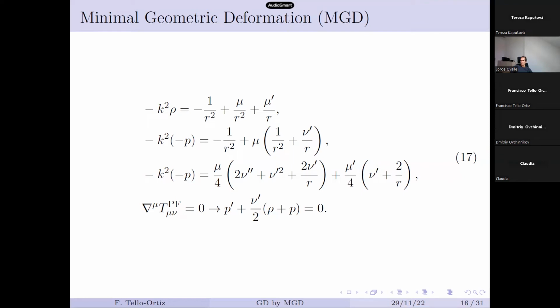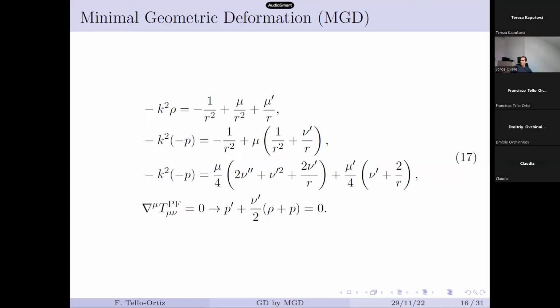But assuming that we have a known solution, a seed space-time, already satisfying the Einstein field equations. And then our task is to find out the new sector, just the new sector, because sector 17, described by this equation, is already solved. You know what rho, p, mu, and nu are.